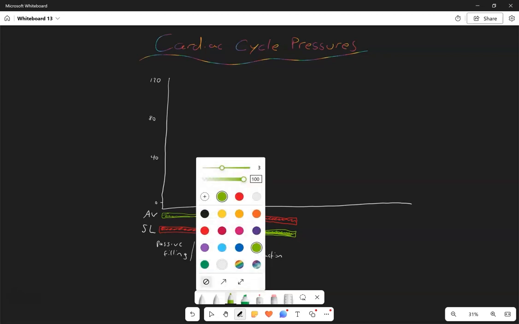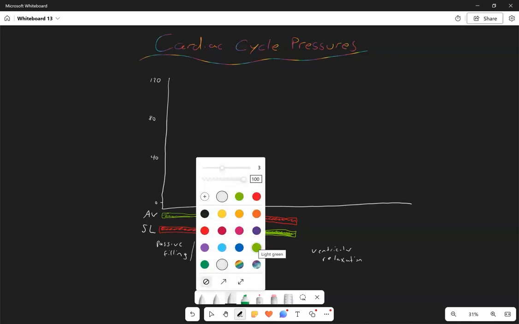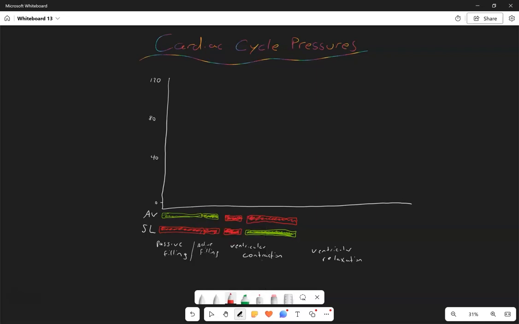Then the ventricles start to relax, so you enter ventricular relaxation. Remember, at the start of that, your AV valves remain closed, but your SL valves are then going to close. We call that phase isovolumetric relaxation.